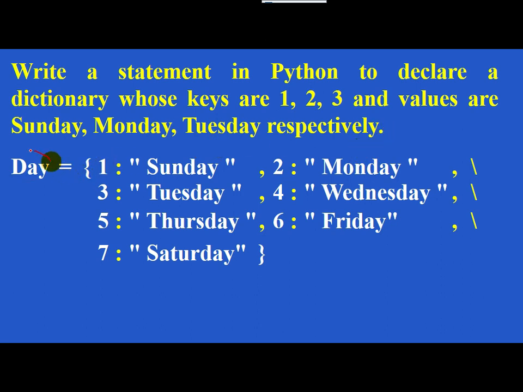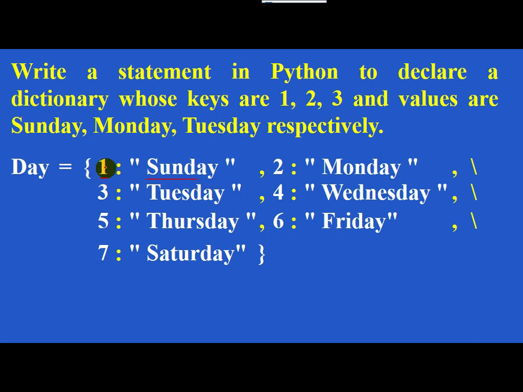Second point, dictionary is mutable. You can change the items of a dictionary. Third point, key should be a quantity of immutable type. So key can be a tuple, key can be a string, key can be a number, key cannot be a list. Value can be mutable or immutable.